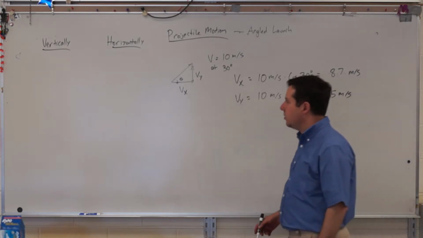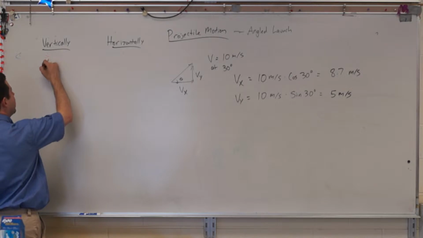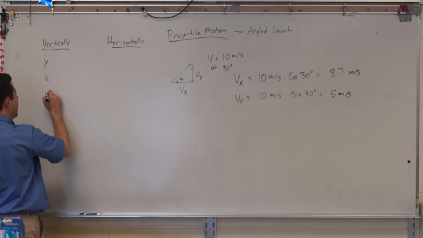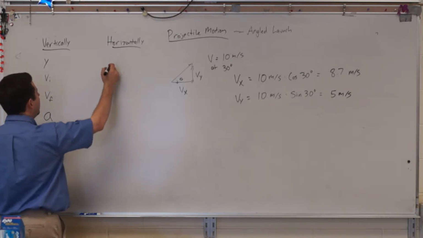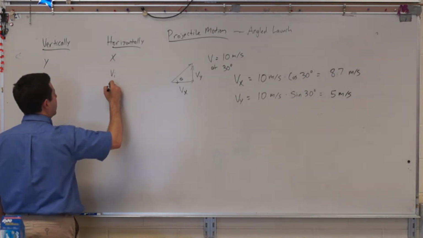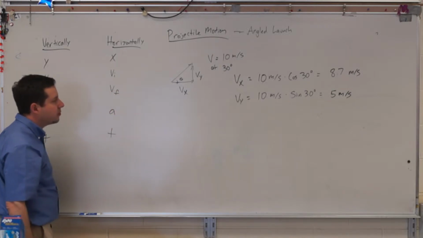So let's think about this. Vertically, we know it travels a distance y. It does it with an initial velocity, a final velocity, an acceleration, and a time. Horizontally, it travels a distance x. It's got initial and final velocities, an acceleration, and a time.